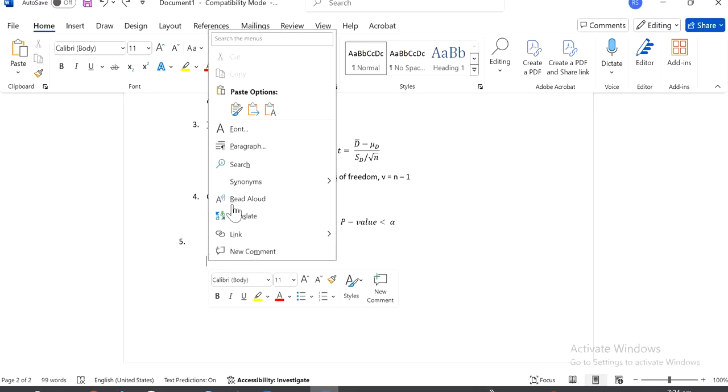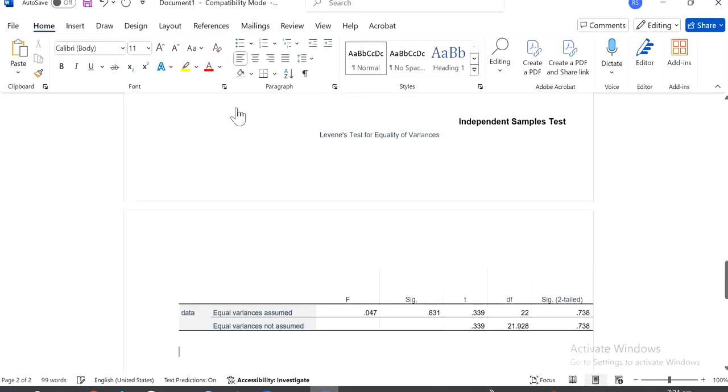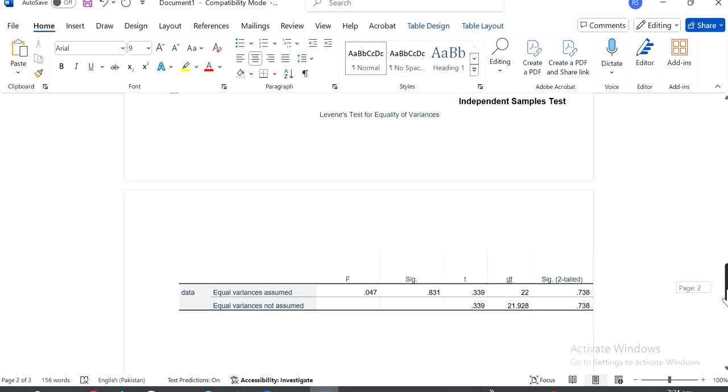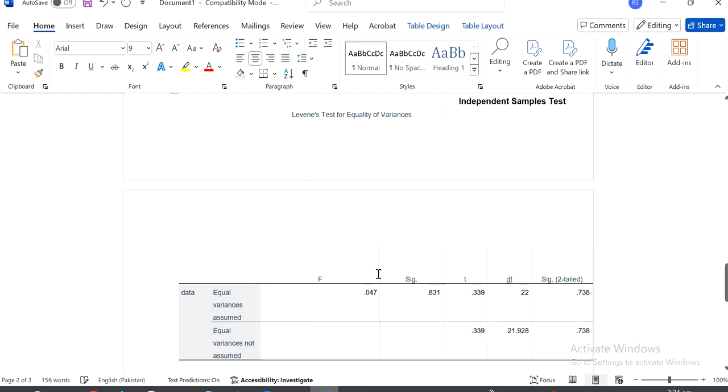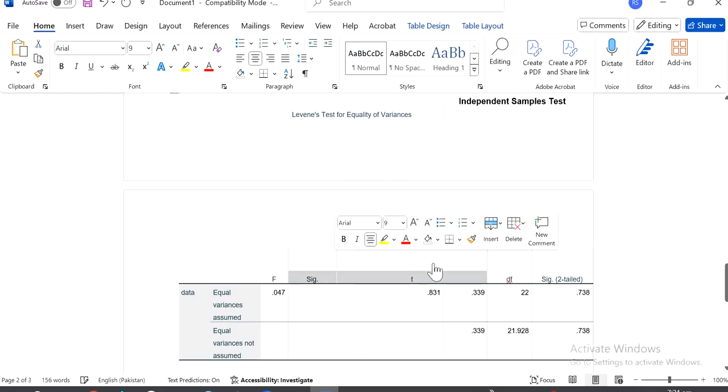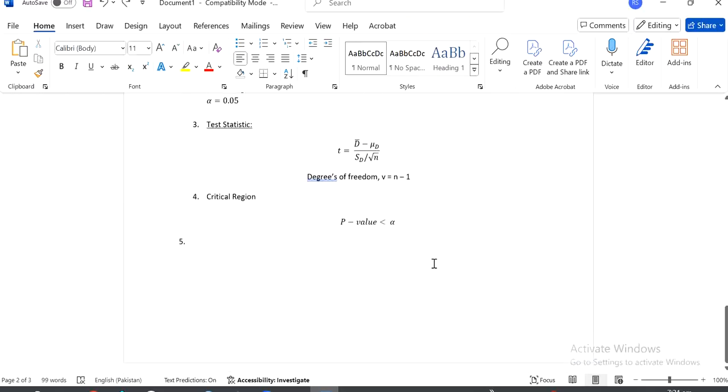Let me try it again. It's a very big table. We don't need Levene's test. You can adjust this table by yourself like I am doing, but in online class I don't have that much time for the adjustments. You can copy paste it or adjust it.